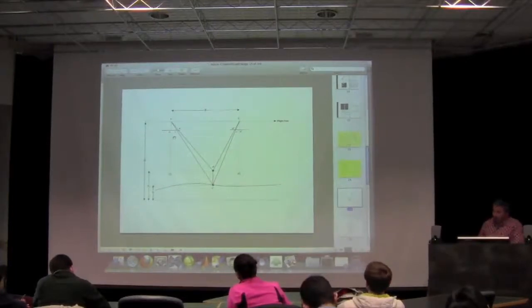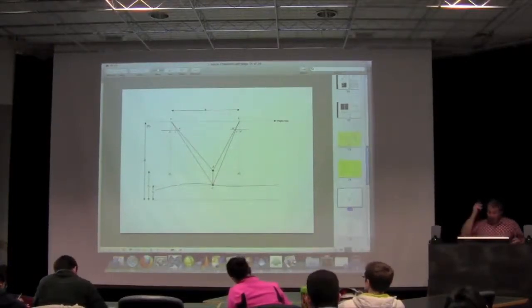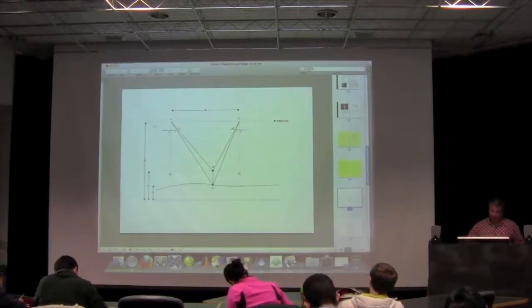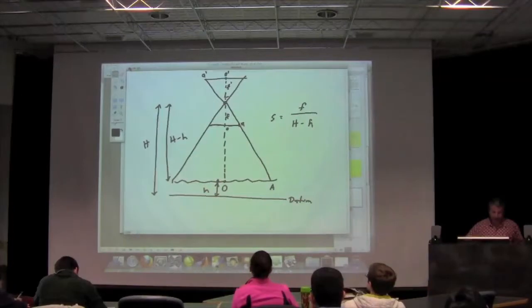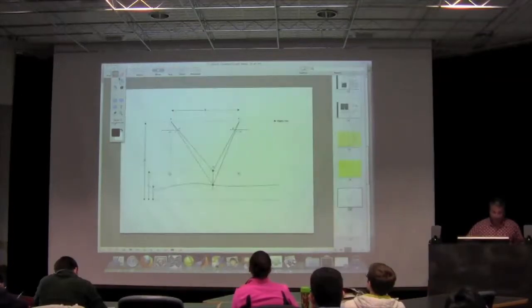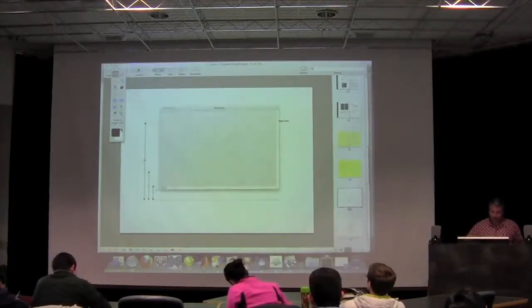All right, now, to go ahead and solve for this, the little trick. Let me try and draw this. Smaller window here.